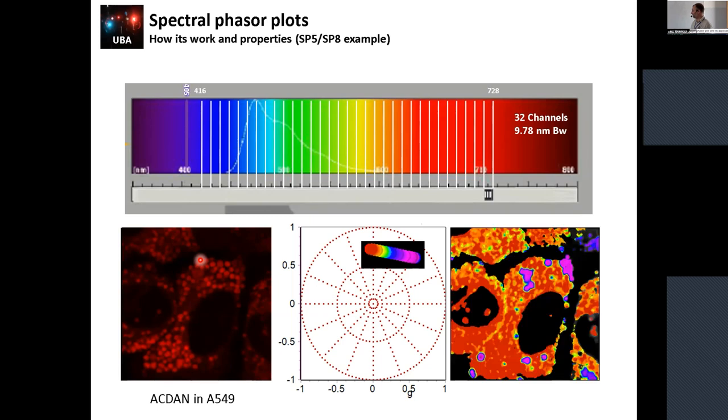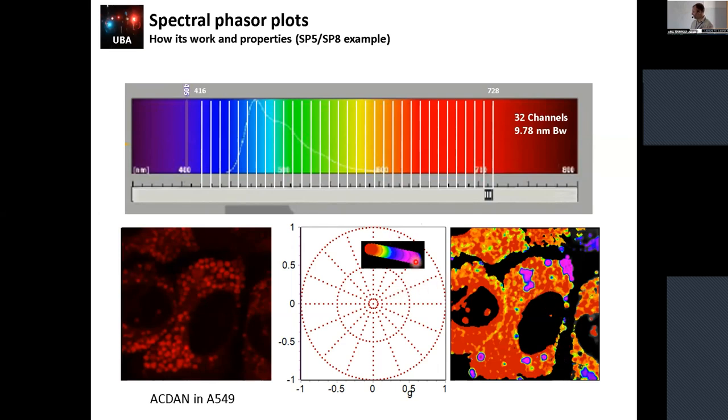What you obtain is a very heterogeneous image, which shows that some of these organelles are purple, which means they are blue in the spectra, and the others are very green, very red, which are basically more red in the spectra.